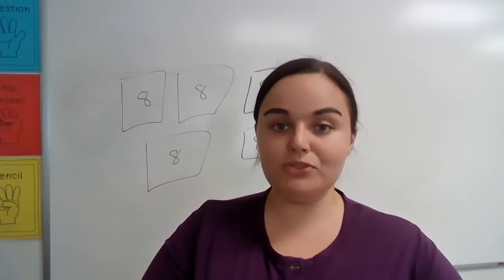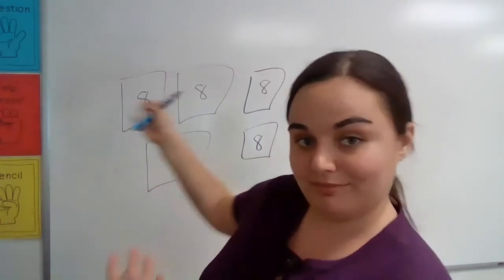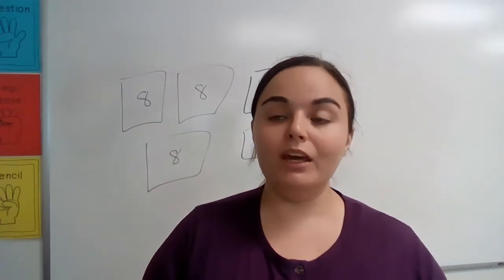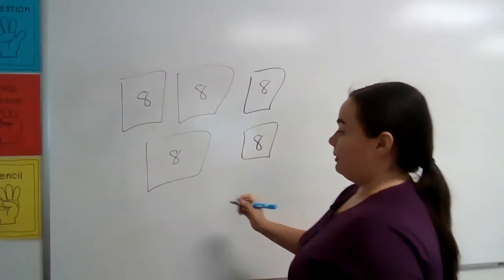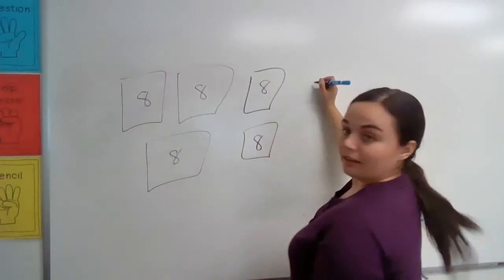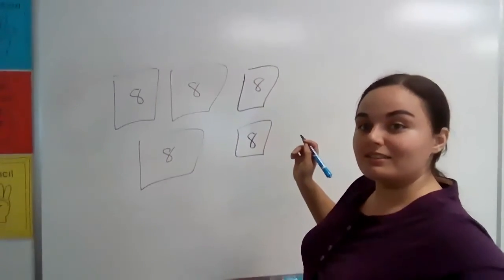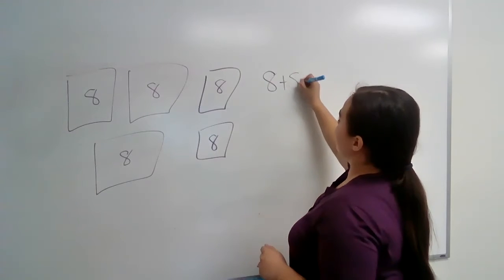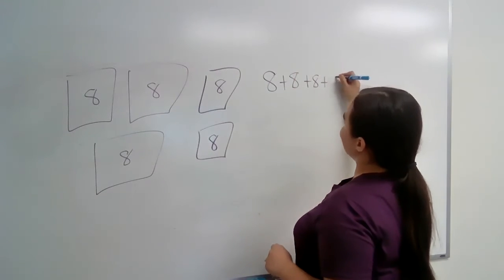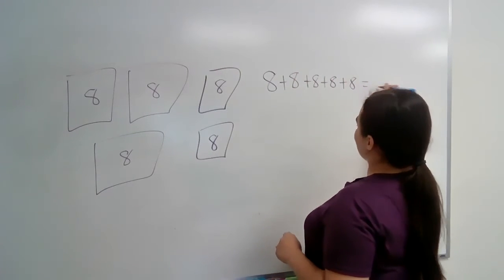All right, so suppose Jessie won those 5 bags of 8 goldfish. Ta-da, I already have them on the board. There's 2 ways that we can solve this, all right? Either we can say, and I'm gonna check that you guys can see this on the board, 8 plus 8 plus 8 plus 8 plus 8 equals something.